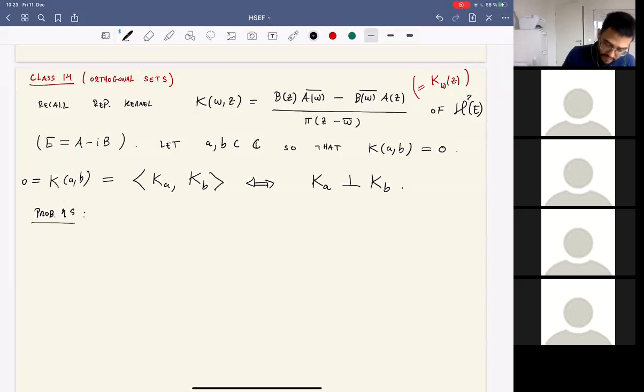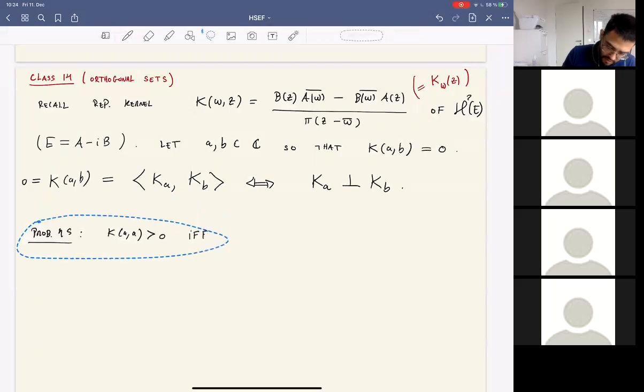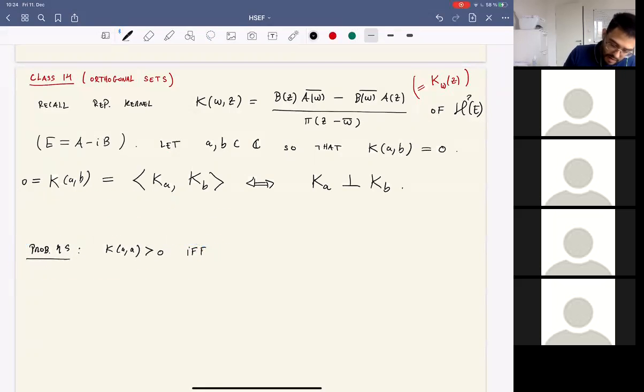What problem 45 says is that K(a,a) is greater than 0. Exactly. So before I go to problem 45, let me just make another comment. Well, what is K(a,a)?